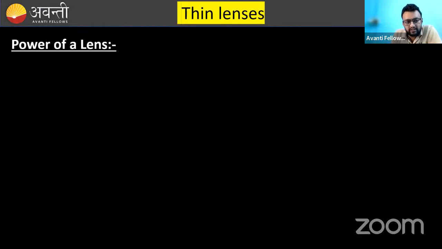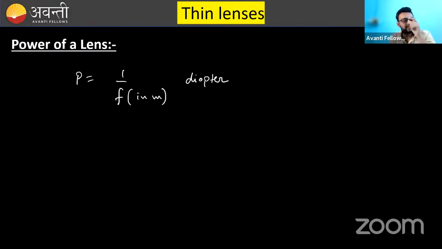Power of a lens. Again, very simple formula. P is equal to 1 over F. The unit of this is diopter, and F is placed in meter. Now, generally, focal length is given in centimeters in your questions. So what will it become?